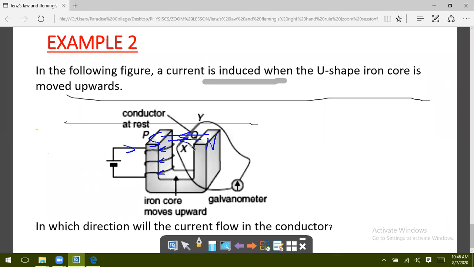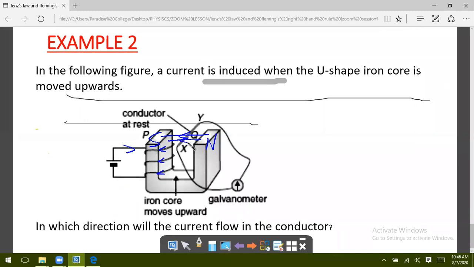Now we got a field line given, and the second part says that in the following figure, a current is induced when the U-shaped iron core is moved upward.